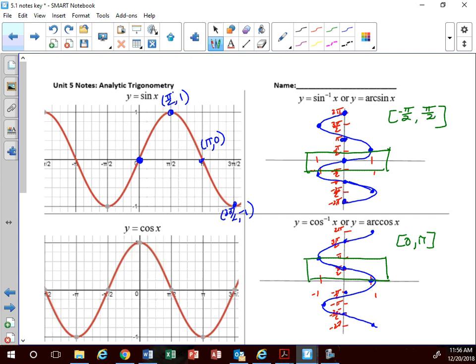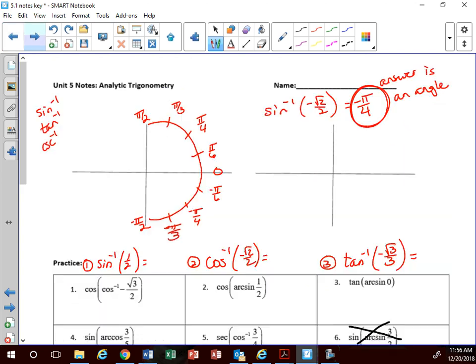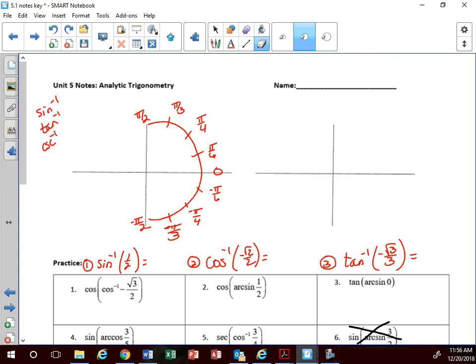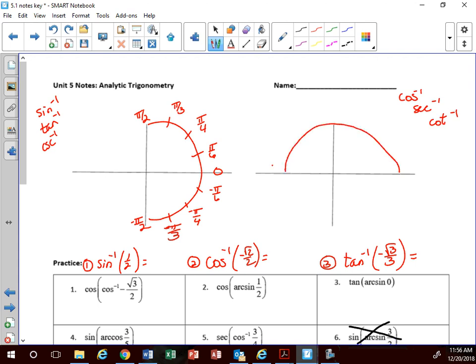Okay. All right, so let's look at our other circle that we have here. So inverse cosine, inverse secant, and inverse cotangent. What was our window that we looked at for those? 0 to pi. Okay, so we only went from 0 to pi.